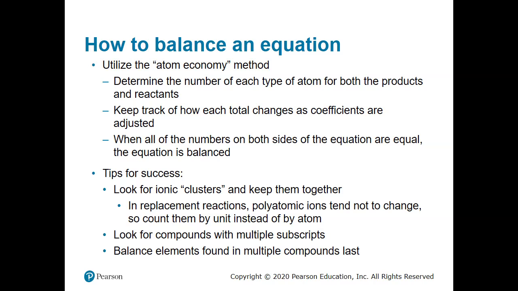Second thing, we need to look for compounds that have multiple subscripts. Usually we can use those subscripts to tell us the coefficients on the other side of the equation. Those subscripts usually help us define what those coefficients are. And that makes the balancing process easier because we already know, okay, I got a 4 and a 3 in this compound.